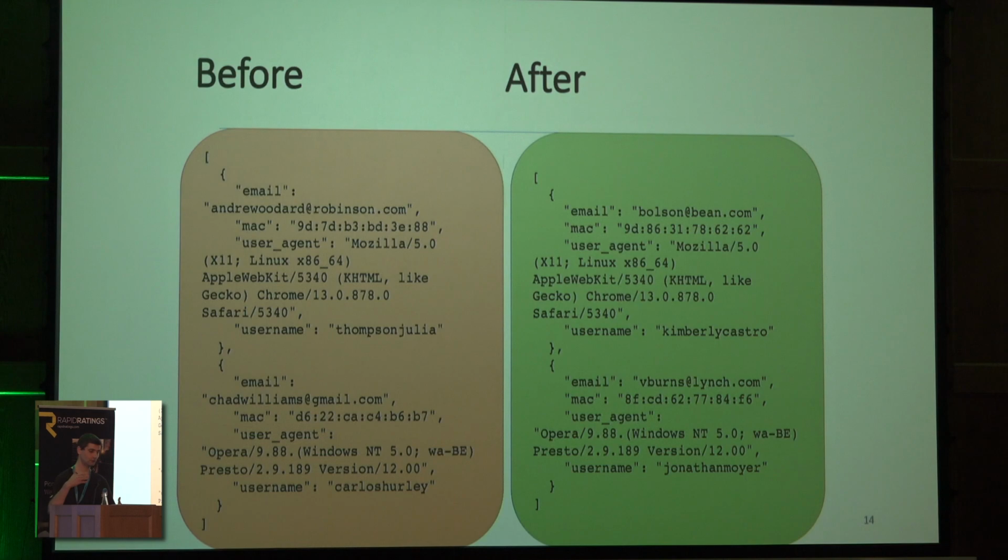But they still look like email addresses, MAC addresses and usernames. So we preserve all the information we want to preserve, and yet we destroy all the information that would allow identifying persons or machines.